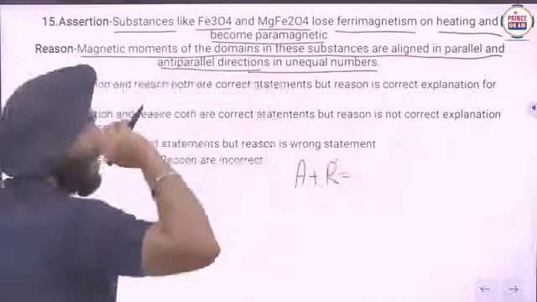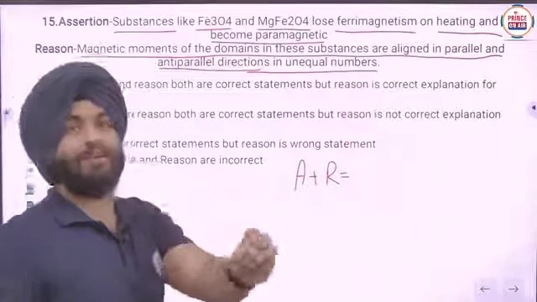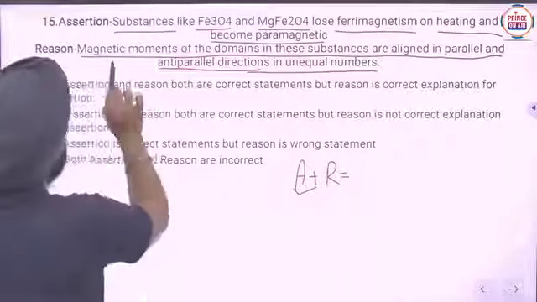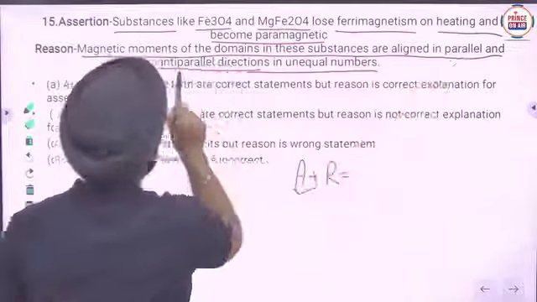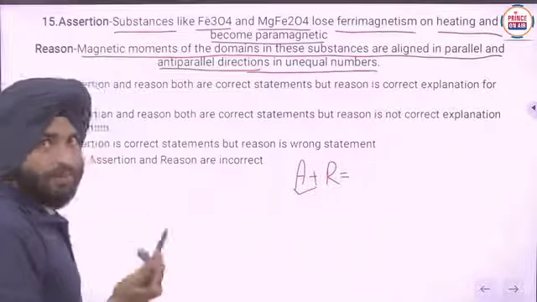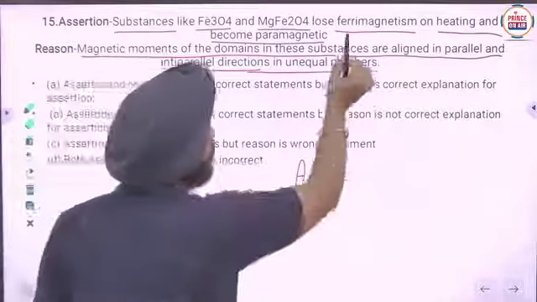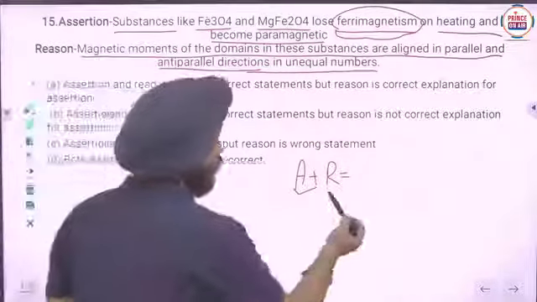I am telling you, whenever you get an example-based question, in maximum cases the assertion will be correct. Magnetic moments of domains in these substances are aligned in parallel and anti-parallel directions. Some are parallel, some are anti-parallel. In ferromagnetic substances mostly this happens. So the reason is also correct.